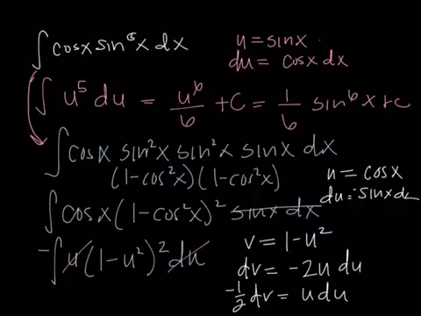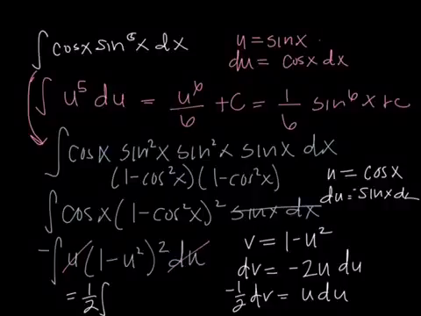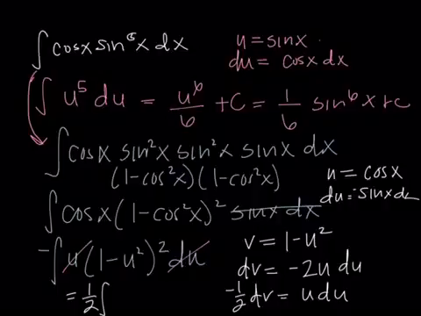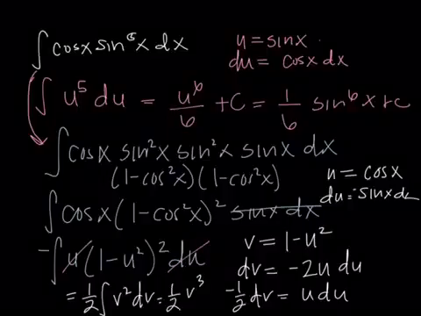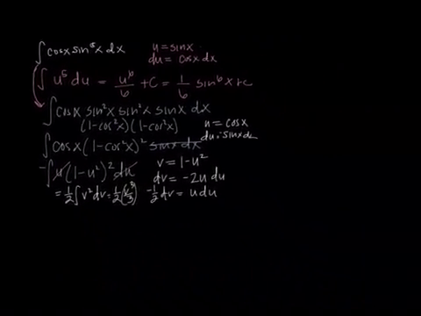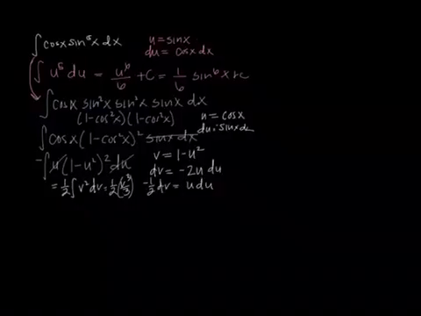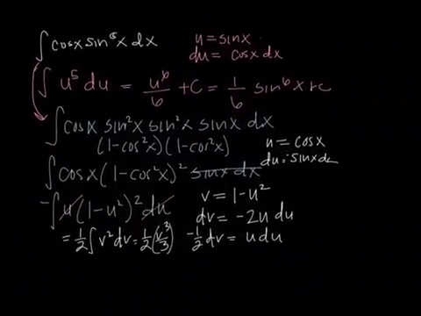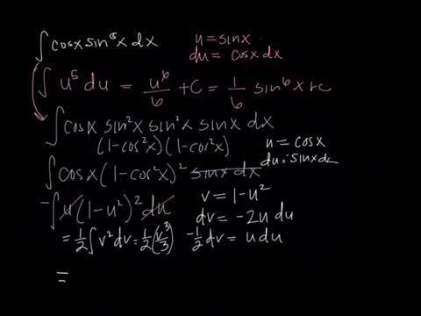becomes 1/2 integral of v squared dv, which is 1/2 v to the third over 3 plus c. Let me zoom out here. So we know that that is 1/6.